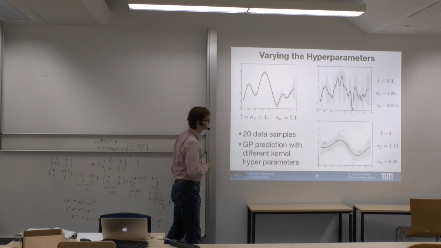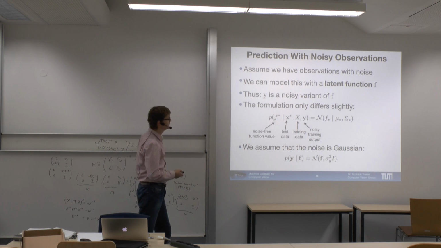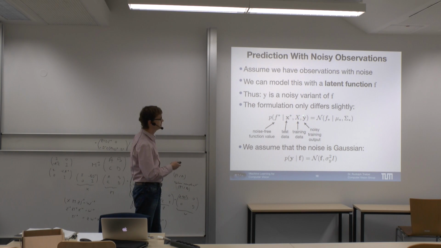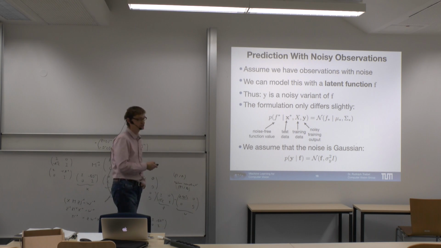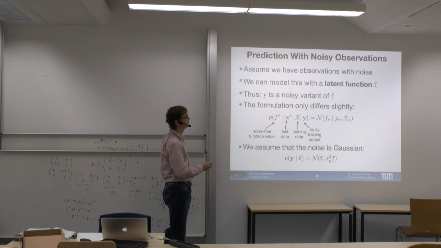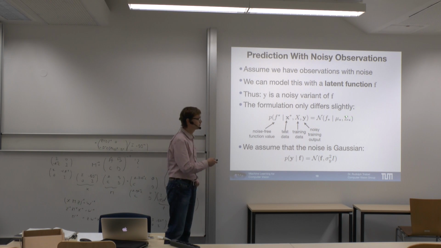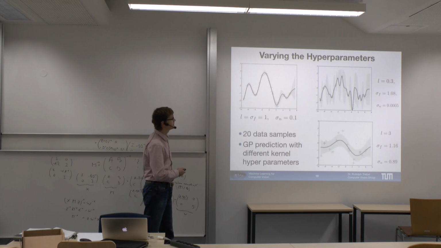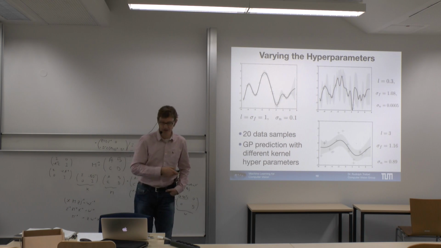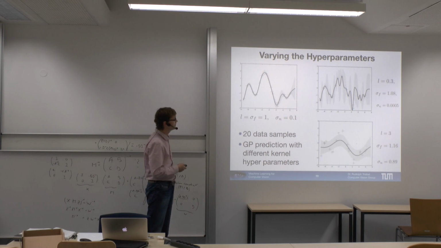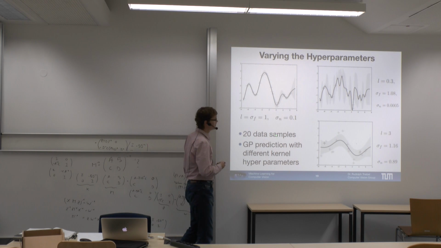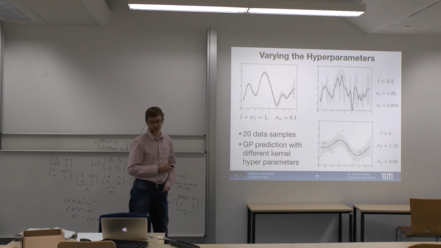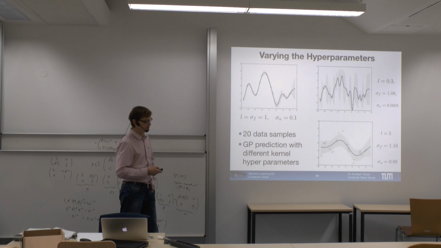Now we have seen that a very important thing here is to define the covariance matrix, the covariance function. The covariance function goes in here, right? The covariance function directly gives me a way to express the covariance matrix of our GP. And as I said already, the covariance function has a number of parameters, and this slide should show you just what happens if I change these parameters, right?